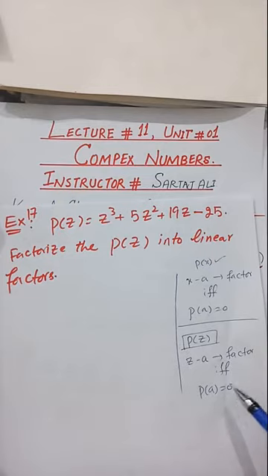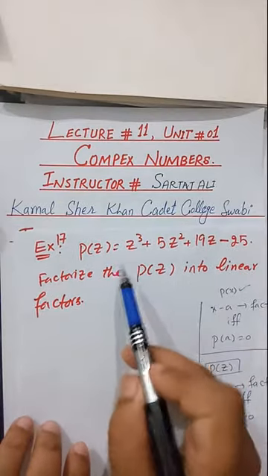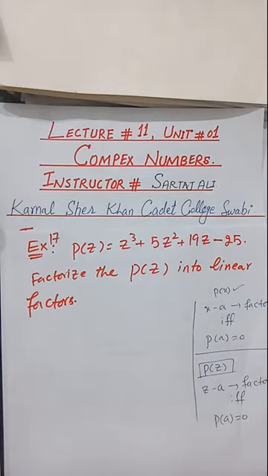So this is the statement. Here I need to find a value for which this polynomial gives me 0. So z minus that value will be my first linear factor, and to find the other linear factors I will divide this polynomial by that linear factor, using the formula that dividend is equal to divisor multiplied by quotient plus remainder. So I will get the remaining two linear factors by factorizing that quadratic factor into linears.